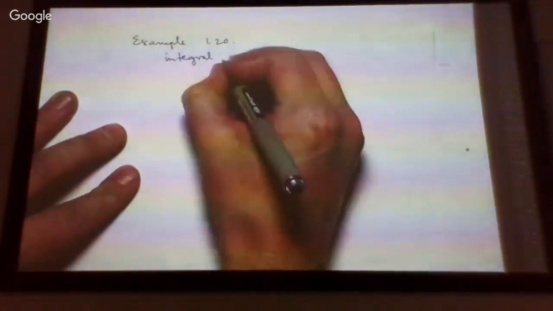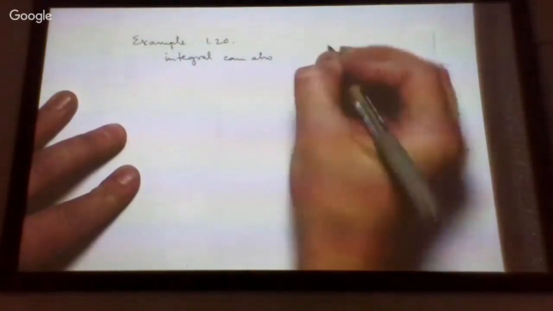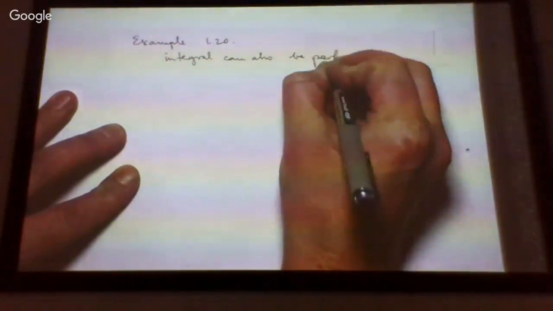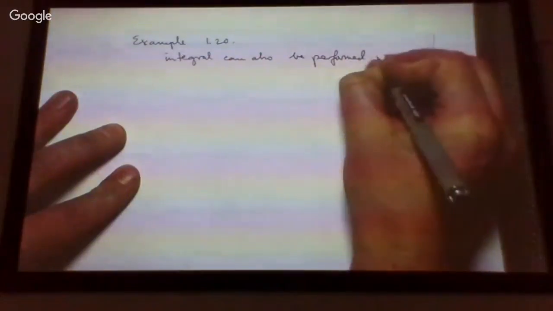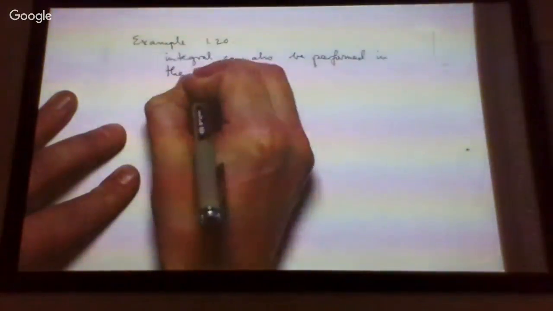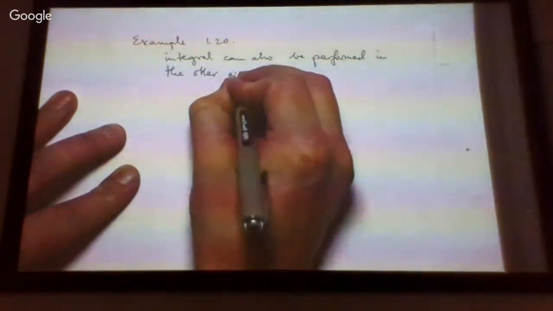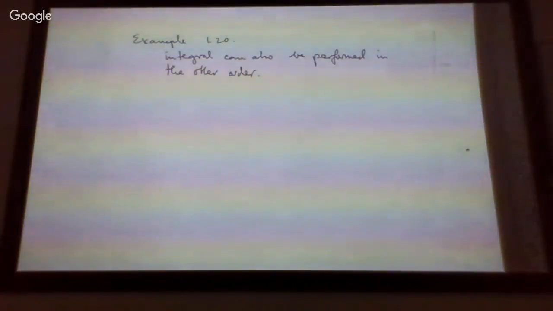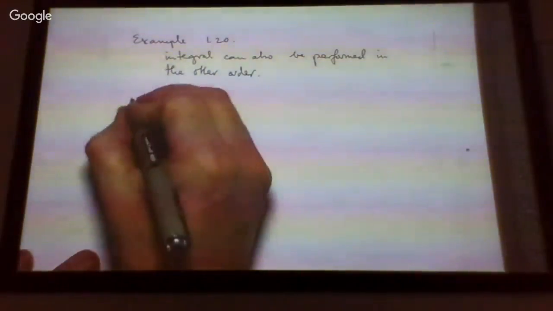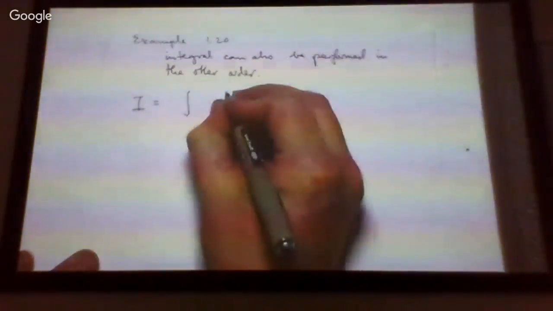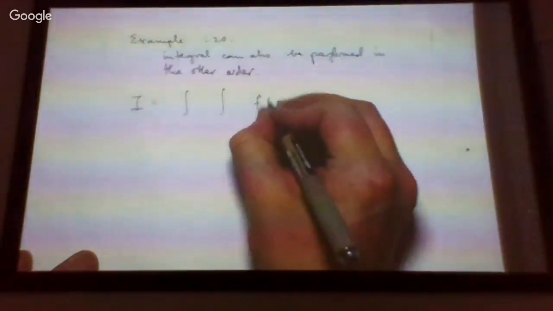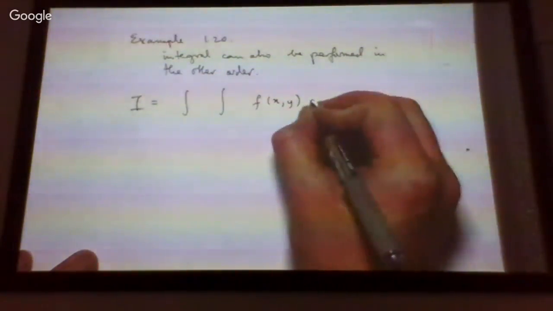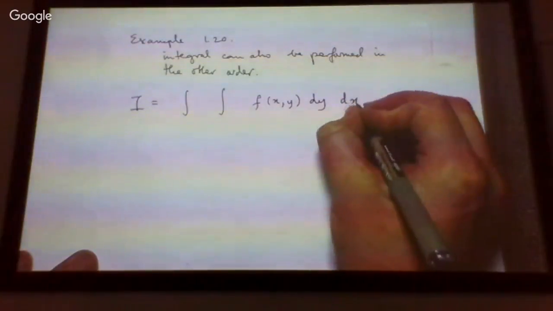So the integral can also be performed in the other order, meaning not having x as the inner integral and y as the outer one, but the other way around. So there, we're still integrating f of xy, but now we're going to have y as the inner integral and x as the outer integral.